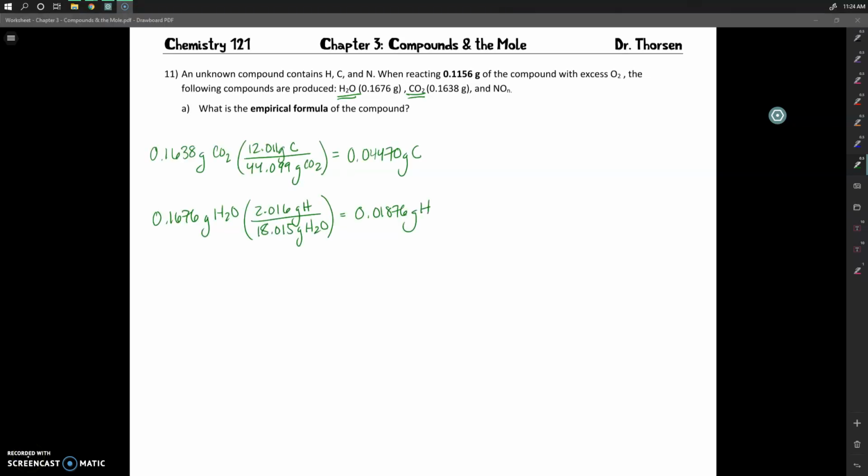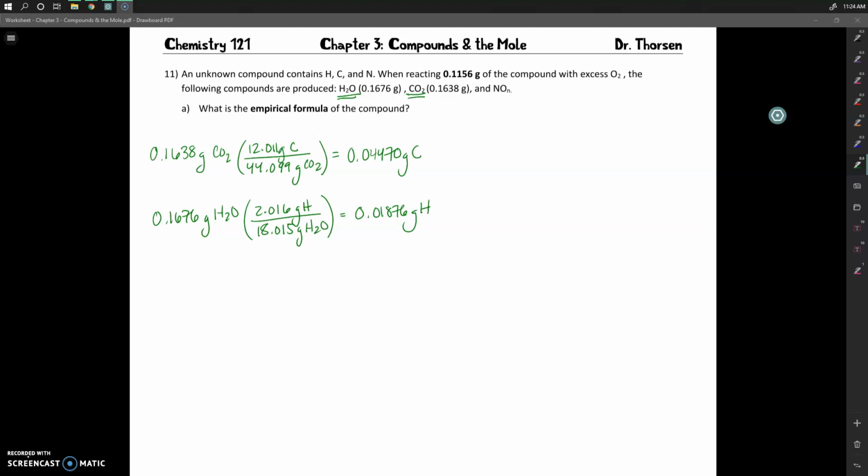Now, in order to accomplish this, we're going to utilize the mass percent, because of the question of how much hydrogen is in this water that would have come from the original compound and how much carbon is in this CO2 that would have come from the original compound.